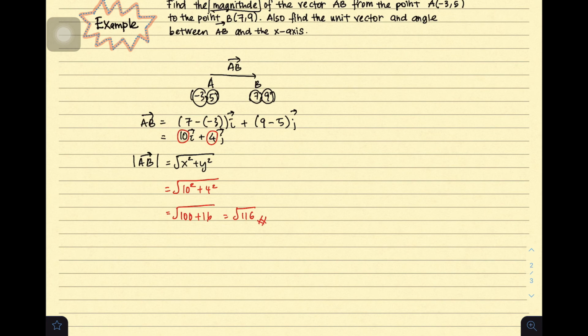Then you have been asked to find the unit vector of vector AB. You know that the unit vector can be found using the formula: vector AB divided by its magnitude. Your vector AB is 10i plus 4j, divided by its magnitude, which is the square root of 116.